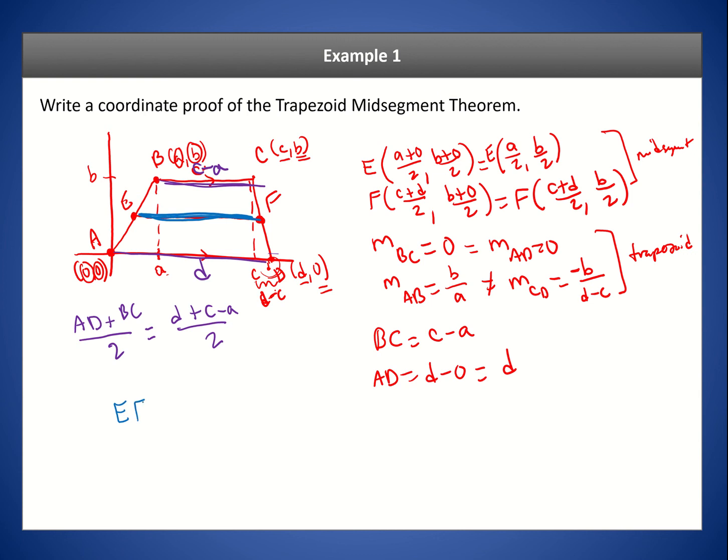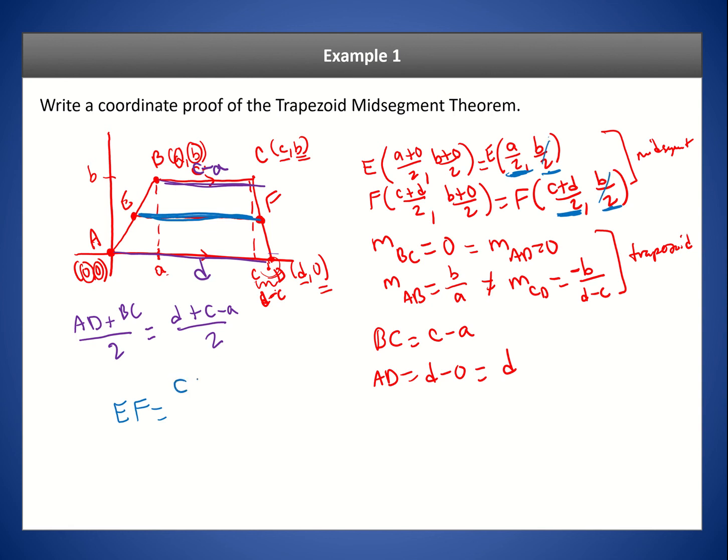Okay, so that should be equal to EF. So let's calculate EF. Now the distance from E to F is, well, we know the coordinates of E is A over 2, right? So you got to subtract the coordinates in the x direction. So you got to subtract this coordinate from this coordinate and this coordinate from this coordinate. But B over 2 minus B over 2 is just 0, so it goes away. You can just ignore it. So what's the distance from this to this?